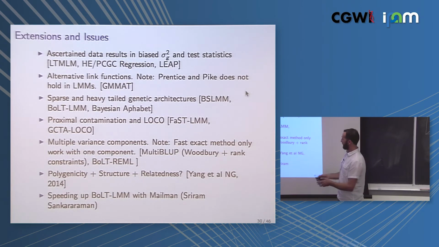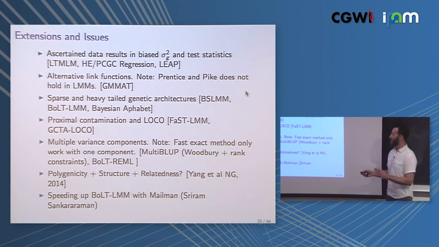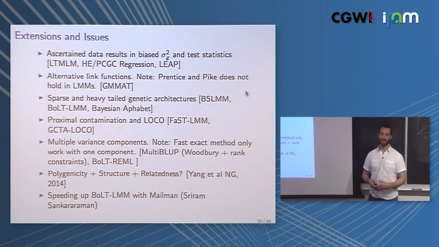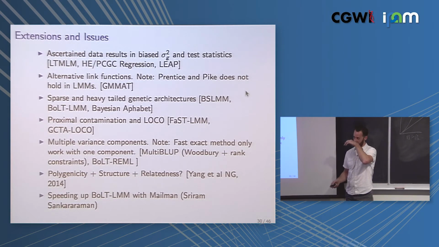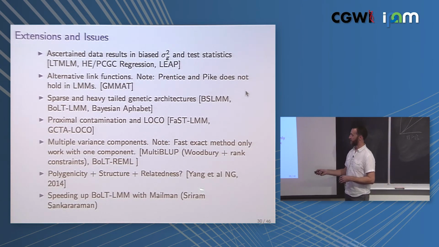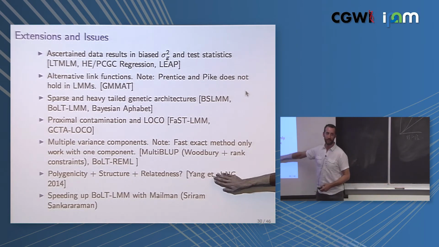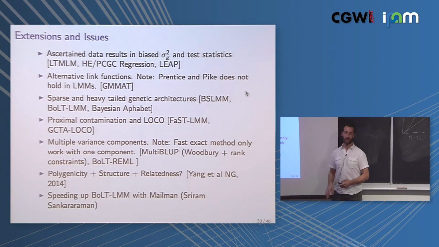This is something that Aheki brought up. There's this multi-BLEP approach to allow for multiple variance components at once that has some really nice mathematics to make the computation more efficient. And then this is Bogdan's question, basically. If you want to know about running everything all at once, you can check out this paper and see where it breaks and where it doesn't.